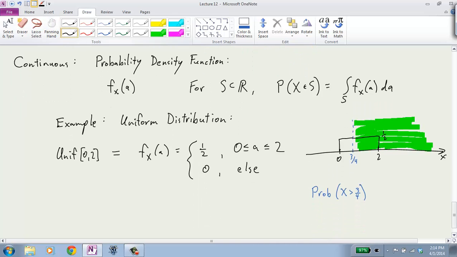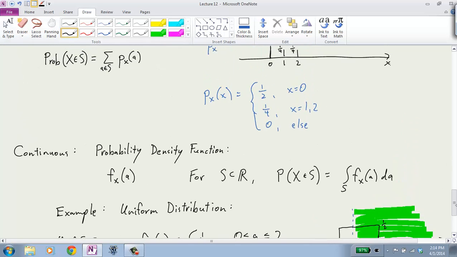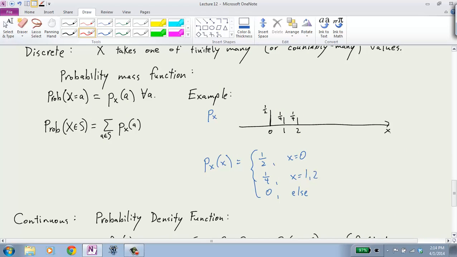All right, so we have some rules then. Let me write the rules. Any function p of x has to have some rules. One is that it's not negative. And the other one is that it has to sum to 1. It's just the rules of probability we laid out at the beginning. So any function that's non-negative and sums to 1 would be a valid probability mass function.